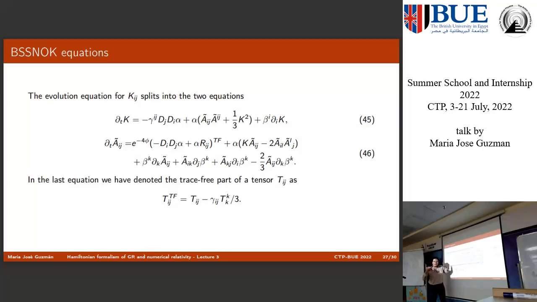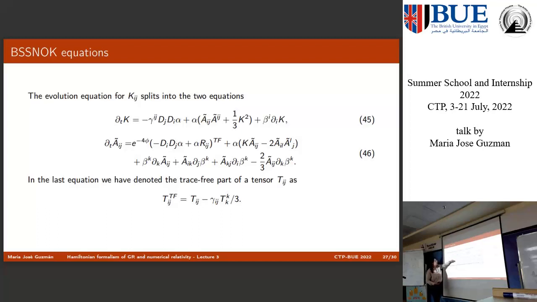How do I extract the trace of a tensor? I just take the tensor and subtract the trace times the metric divided by 3. So if I compute the trace of this tensor, the trace is 0. Yeah. So I extracted the trace from this, and I use this process of extracting the trace in this term.